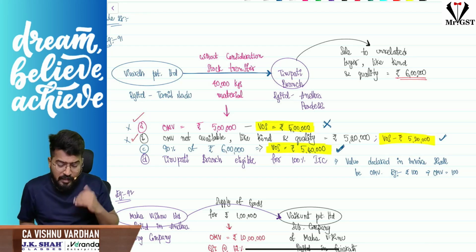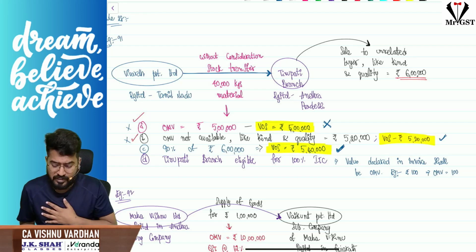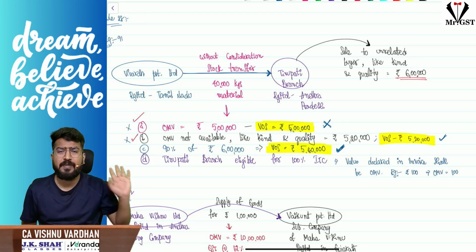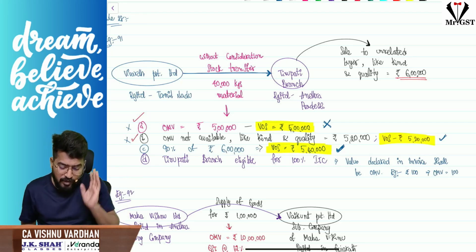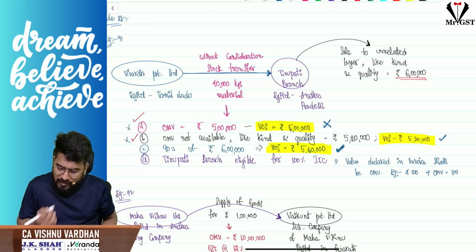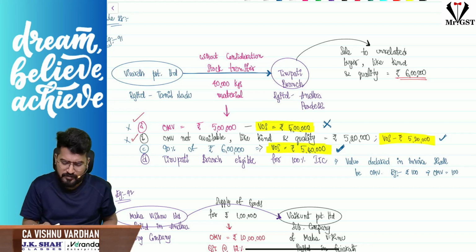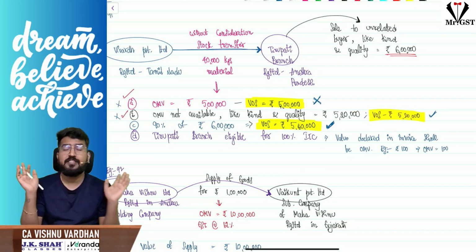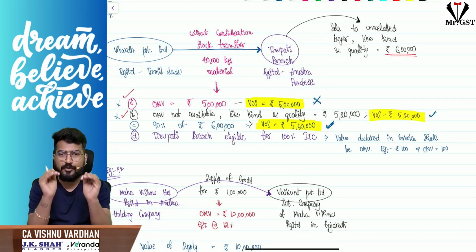As per the second proviso, there is one more interesting point. If the Tirupati branch is eligible for 100% ITC, and imagine they have given 100 rupees as value in the invoice, that 100 rupees itself will be taken as open market value and treated as the value of supply. On that only they should pay GST.